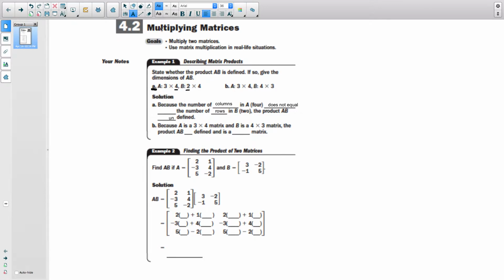All right, now let's look at the second problem. Matrix A has 3 rows, 4 columns. Matrix B has 4 rows, 3 columns. Those two numbers in the middle match, so because they are the same, the product is defined.